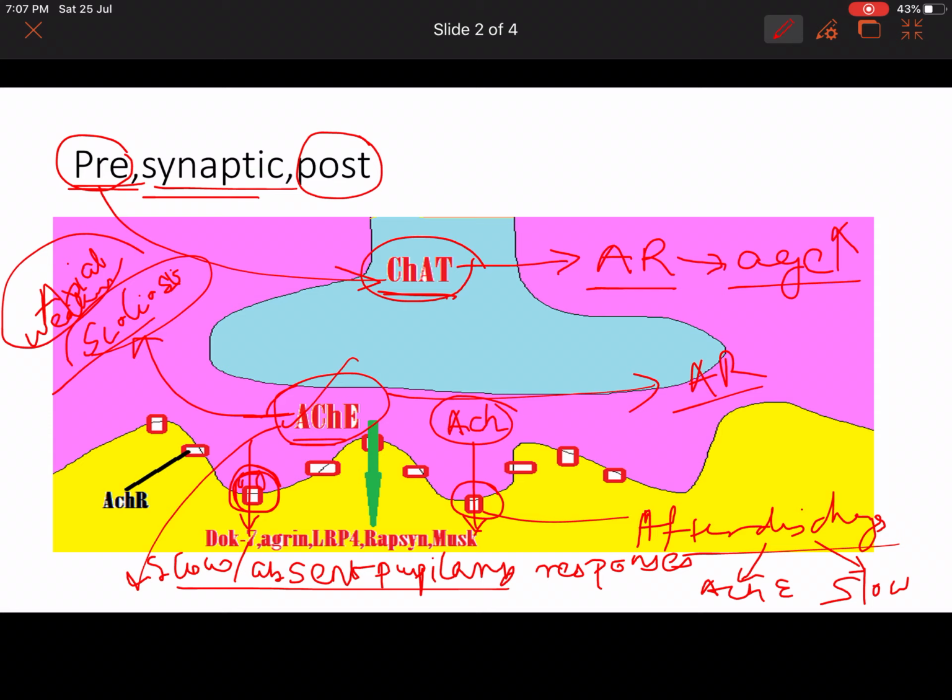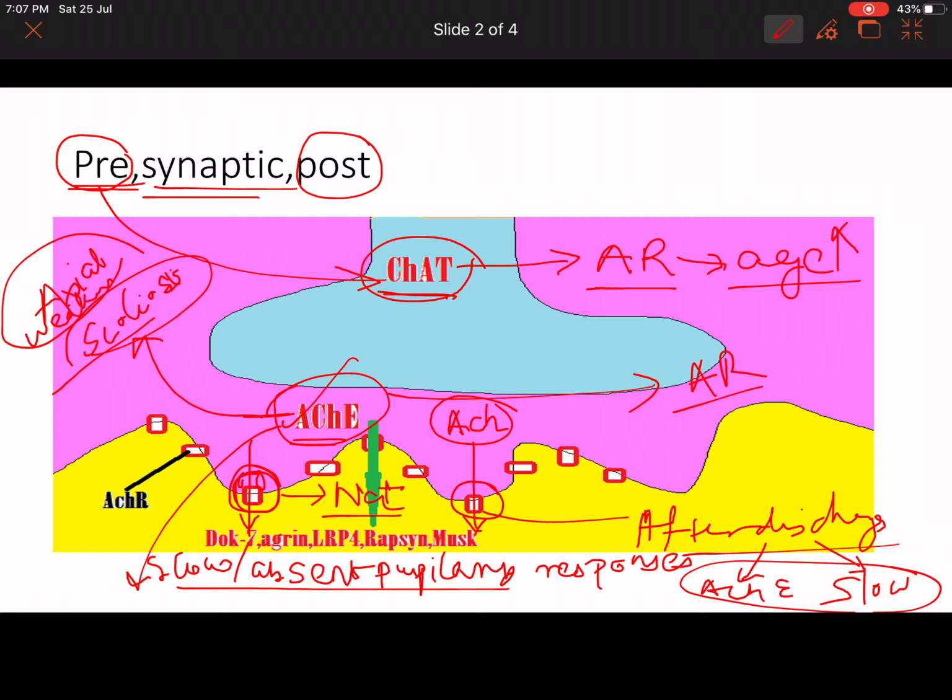That means it is slow to close. The slow means it is slow to close. That means there is a large time when it remains open. So since it is open for a longer period of time, more sodium enters into this postsynaptic membrane. So more sodium, again after discharges. So these two differentials you need to keep in mind.